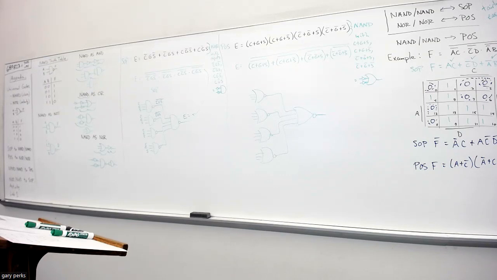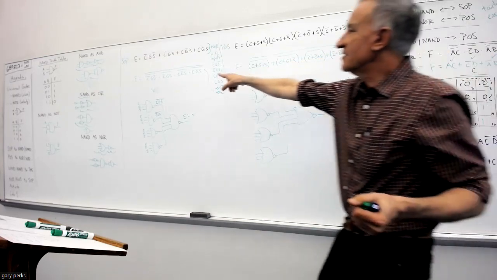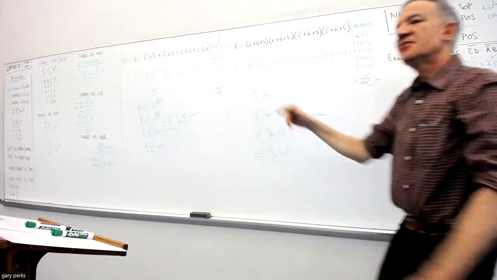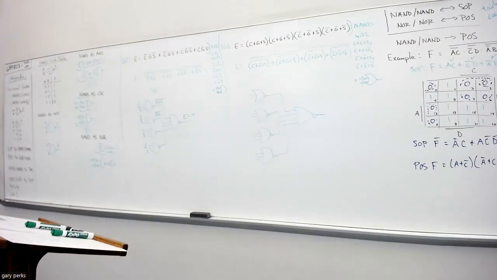Now, notice, if I wanted to, I could then take this SOP and go to NAND, right? Just by doing this. So if I just went 1 step more, once you have that SOP, you can easily go to NAND with 1 De Morgan's. That would be NOR to NAND.